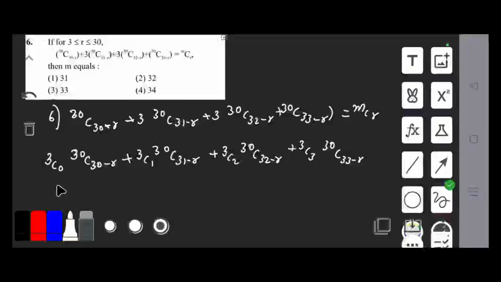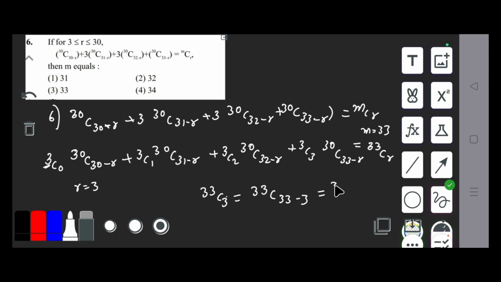Now the sum is 33, so M must be 33. So 33CR means R value must be 3. It is possible, 33C3 is equal to 33C(33 minus 3), that is 33C30. So the M value is 33.